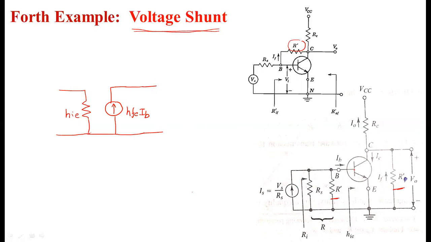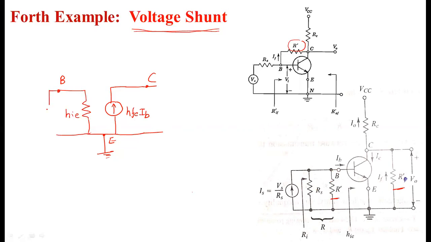So we can see that at the base of transistor, there is R dash which is connected to ground here, and we can see that emitter is also grounded. So we can connect ground here. Now the next step is to first write base, collector and emitter. So we have to connect R dash between base and ground.